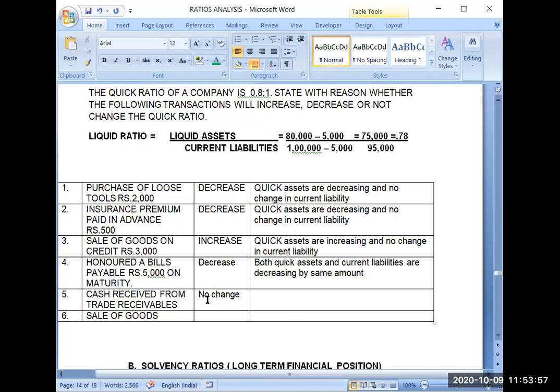And the reason will be liquid assets and current liabilities are unchanged, or remain unchanged.